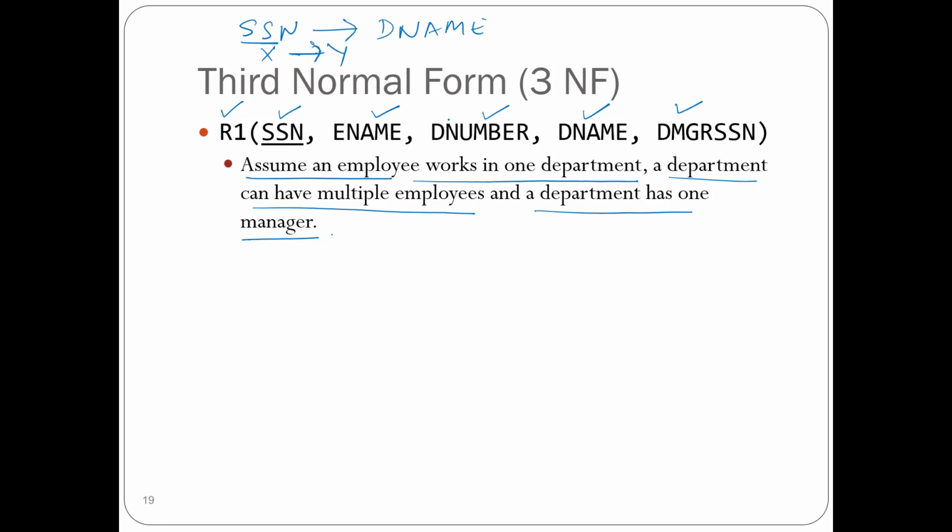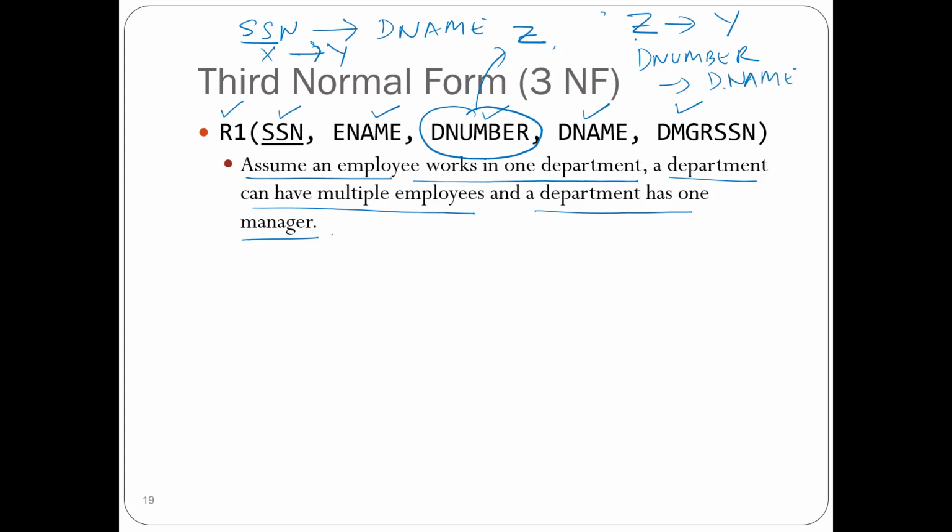But there's this interesting attribute type D number over here, which is Z. Why is that working as a Z? Because if you give me Z, I'll tell Y. What is Z? D number. If you give me the D number, then I'll tell you the department name.